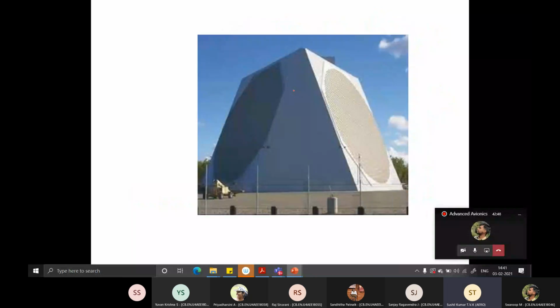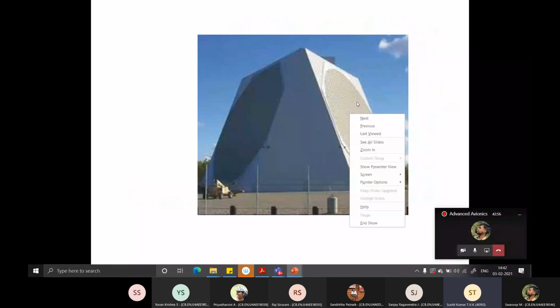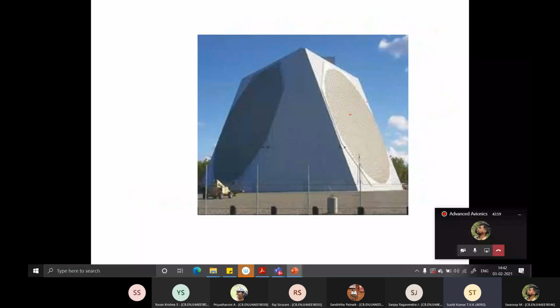This is another phased array radar. You will find no mechanical movement. All these tiny things, each one will be an element, and then the beam can be steered. This was used during the Cold War to track incoming ballistic missiles. So the Americans used this sort of radar.